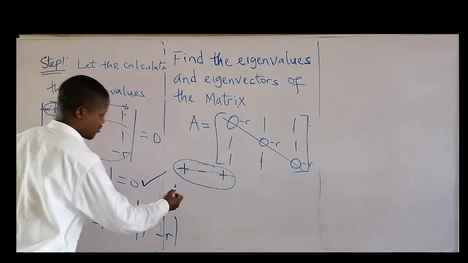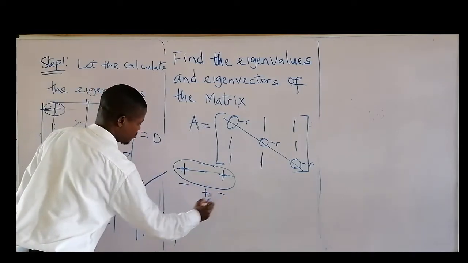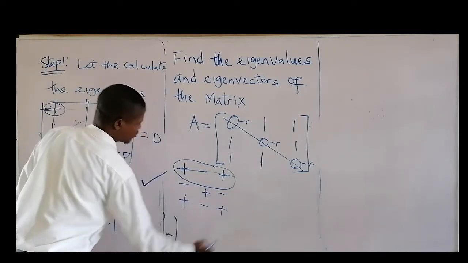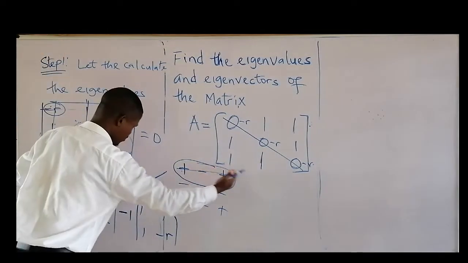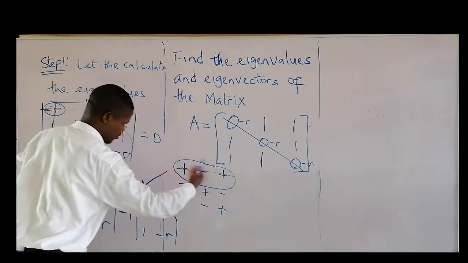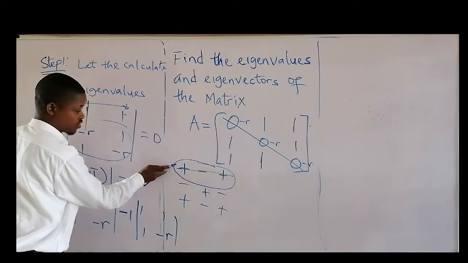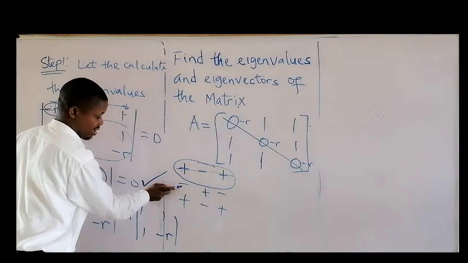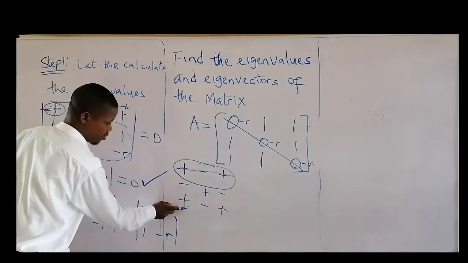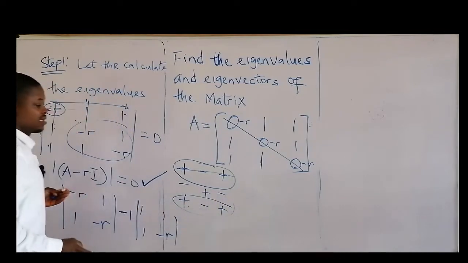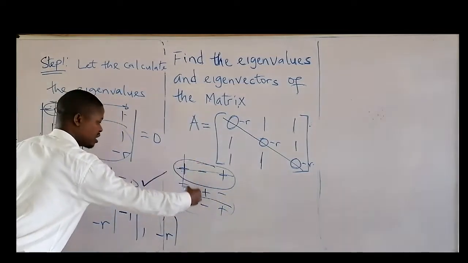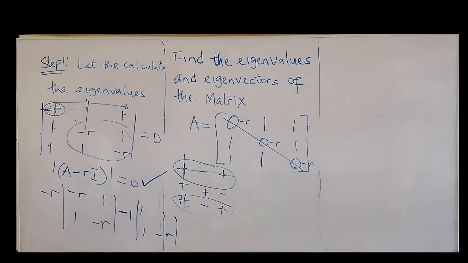The cofactor signs continue plus, minus, plus, minus, plus, minus. So it depends on the row you are using. First row, in conjunction with this sign. Second row, in conjunction with this sign. Third row, in conjunction with this sign. If it's the first column, also in conjunction with that column.